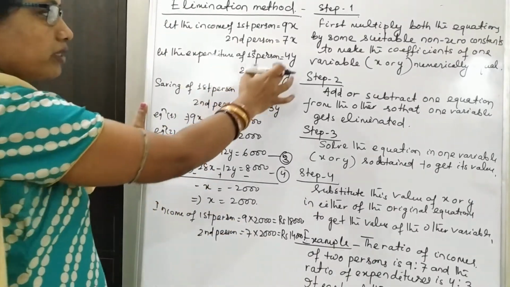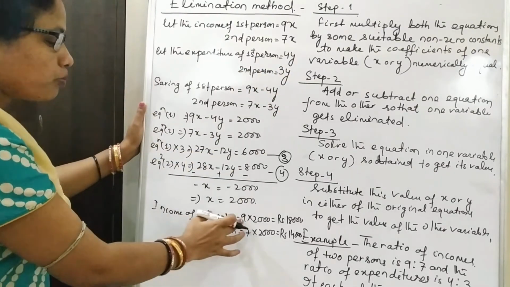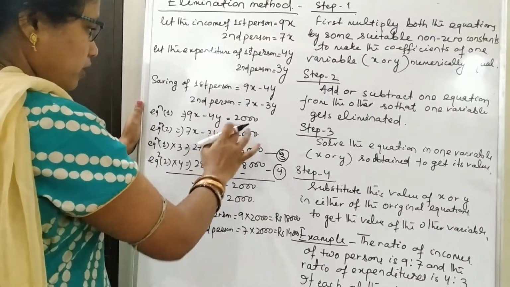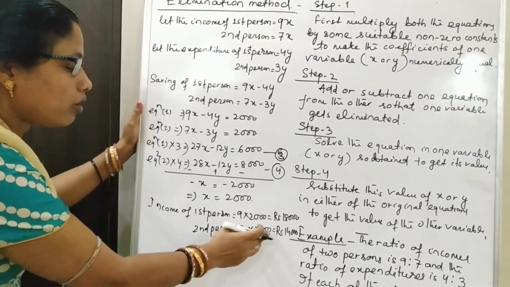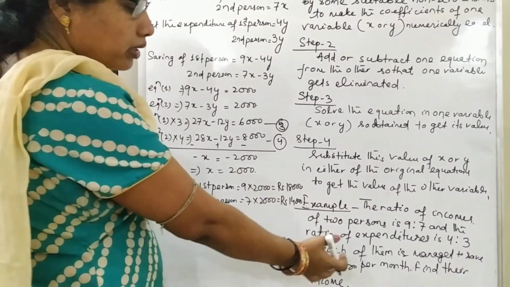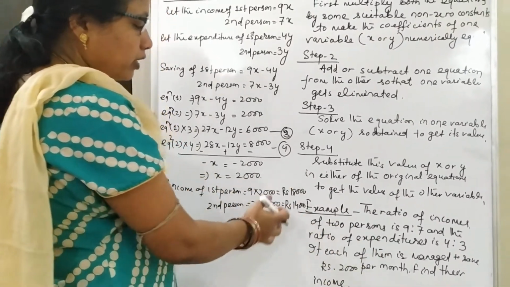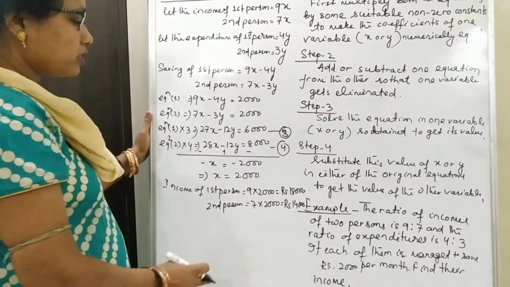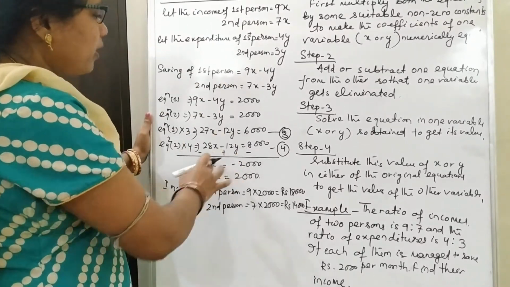Again, to find the value of y, I have to put this value of x in any of the equations. Here in the question, the aim is to find the income. But if we want to find the expenditure also, we will find the value of y.